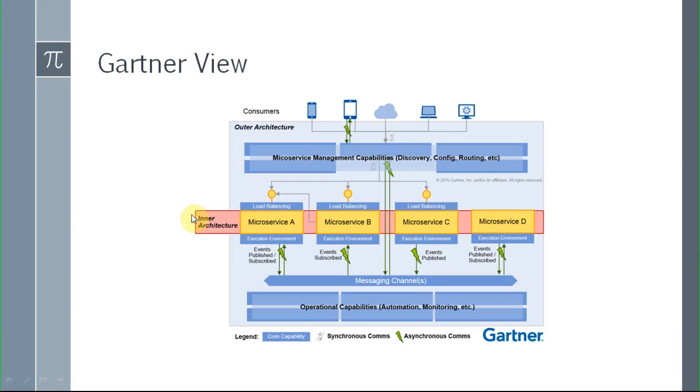And here in the inner architecture, it means that you can use any kind of technology. For example, different programming languages for designing and implementing each service. One of them can be Java, another one .NET, another one Golang, and another one Python. And you can use client-side load balancing for having load balancing between services.